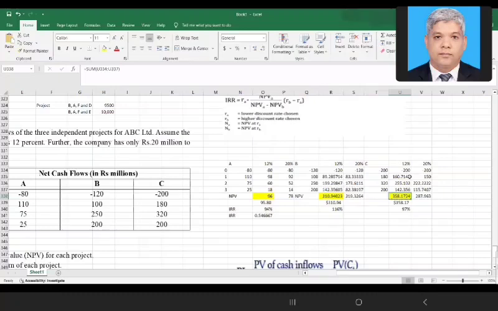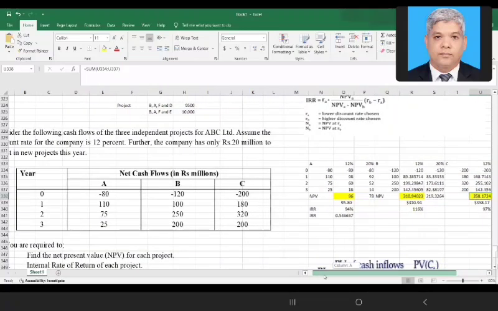All projects are recommendable because all are giving positive values. So based on the NPV, all these three projects can be invested. All are good projects.